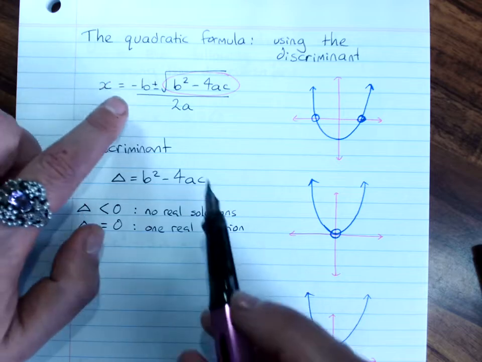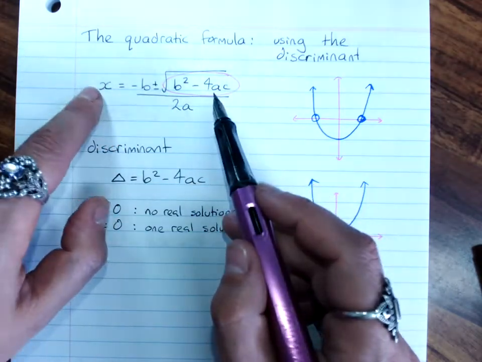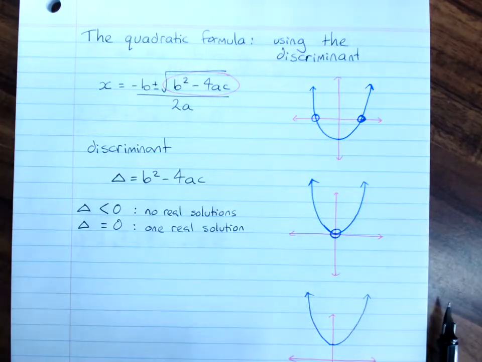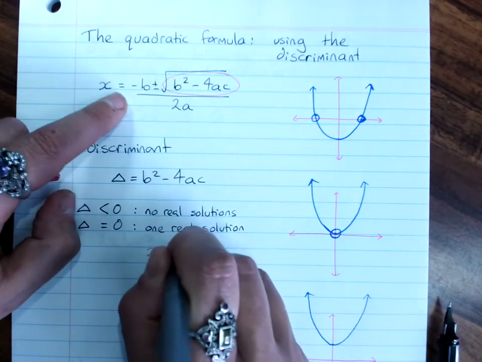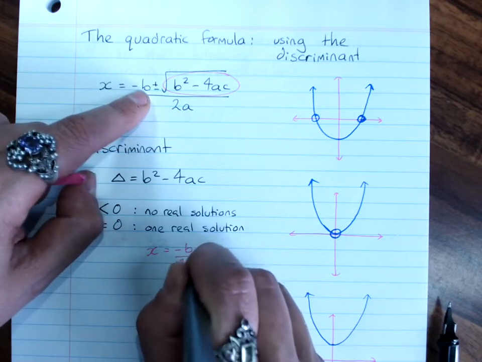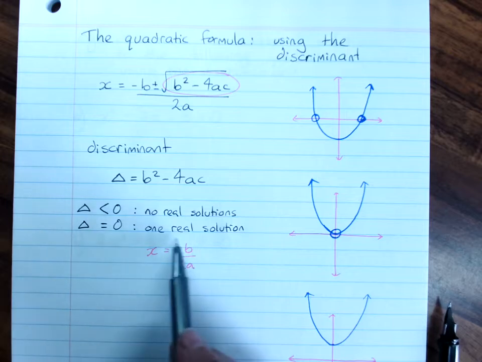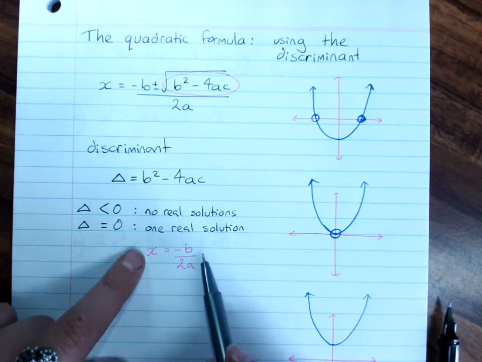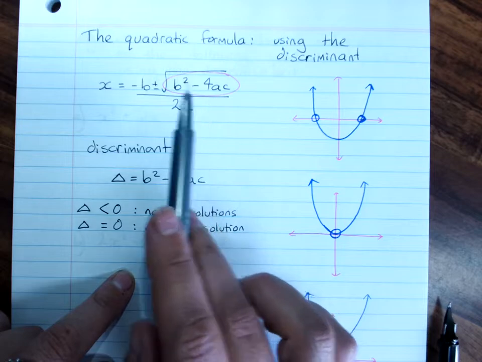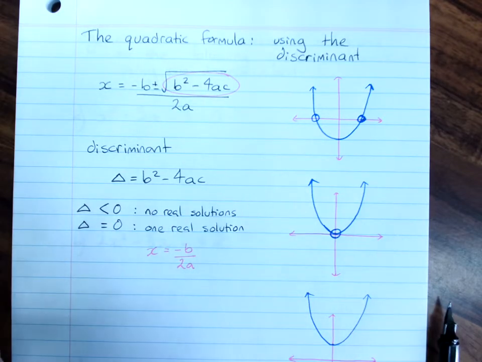And it's worth noting that if this equals 0, then all of that cancels out, and our solution for x is just negative b over 2a. So you've got one solution when the discriminant is 0, and it's nice and quick to get it because you don't need to do the whole quadratic formula because this comes out to 0.